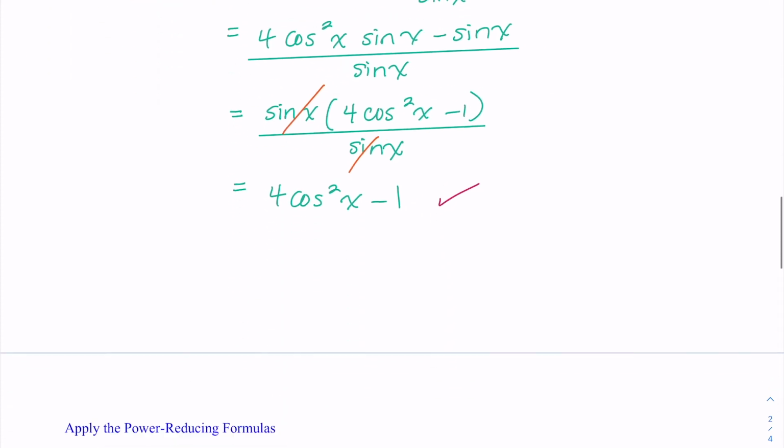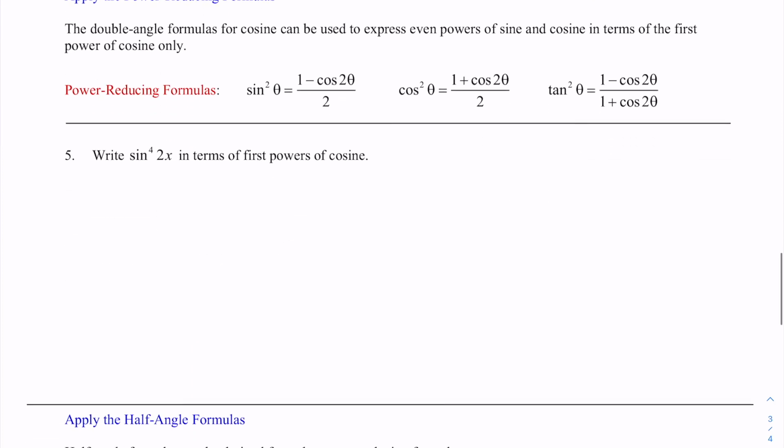So basically we have a power reducing formula that takes the even power, and you can see that's an even power, and an even power of a cosine. And what that does is it brings us to the first power of cosine only.